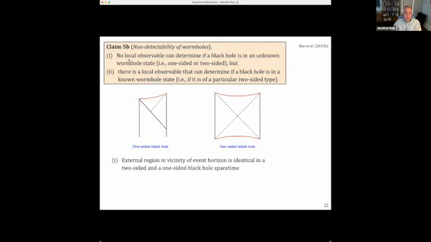So the first claim, in this context, reduces to the claim that there's no local observable that would let you determine whether you're in an external region in the vicinity of the event horizon of a one-sided black hole, or whether you're in the corresponding region of the event horizon of a two-sided black hole.